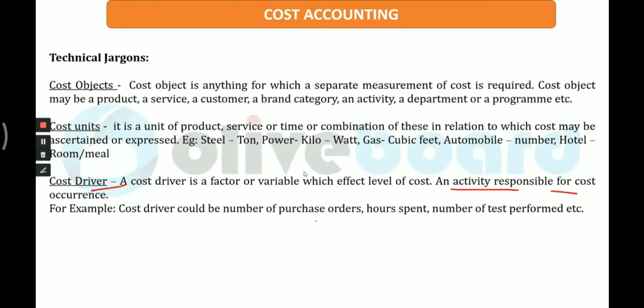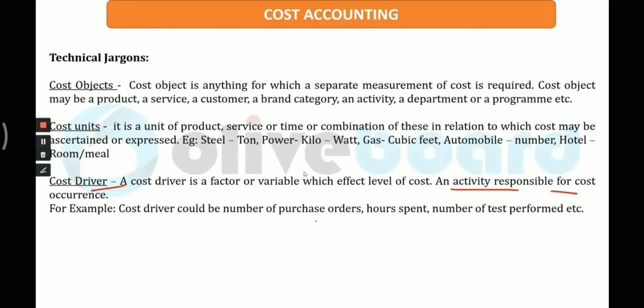It is not the same for all industries; it will be unique to each industry. So basically, when it is a labor-intensive industry, the cost driver will be the labor hours spent. So it is based on which industry it belongs to.